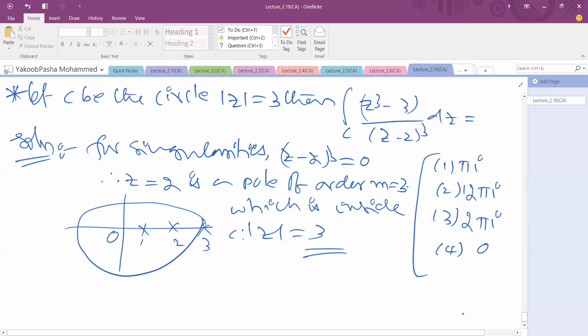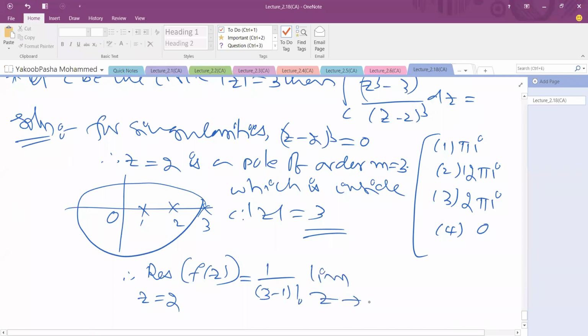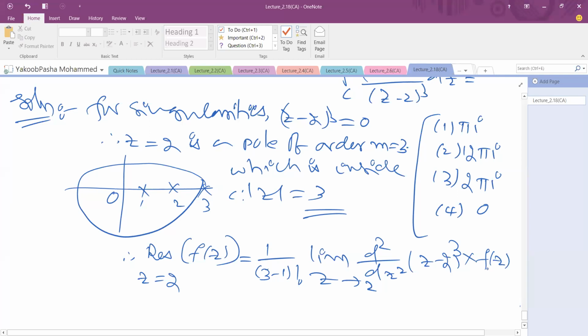So first I am writing the residue of the function f of z at z is equal to 2 is equal to 1 by 3 minus 1 factorial, limit z tends to 2, d square by dz square of z minus 2 whole cube into f of z. f of z means you have to write that step.